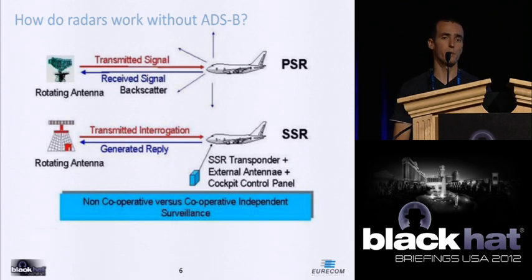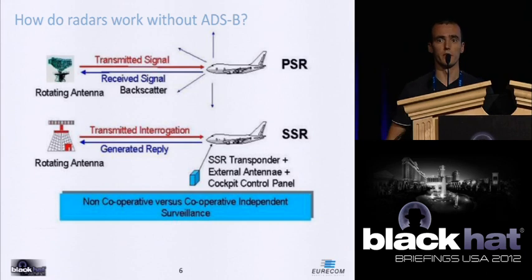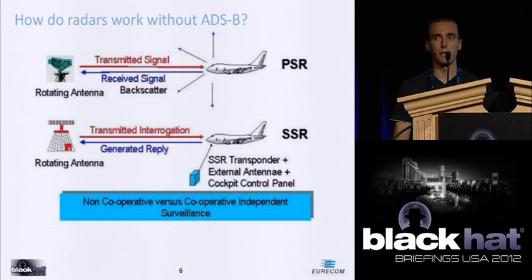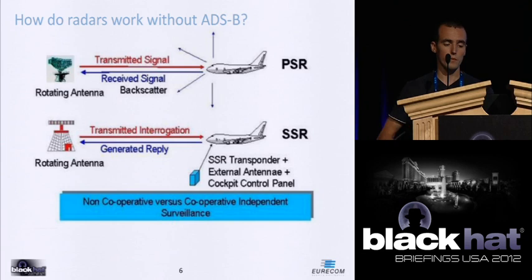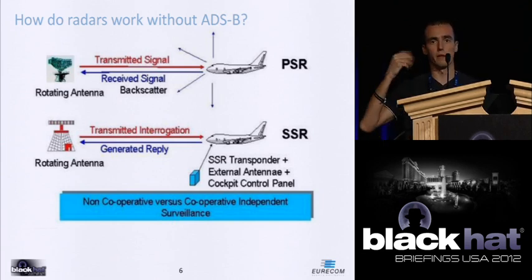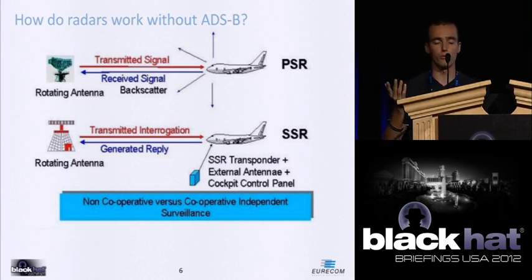The airplanes have devices called SSR transponders, and they reply with the specific code of the airplane or of the transponder. So the first one is non-cooperative, meaning that the aircraft doesn't have to cooperate to scatter back the electromagnetic wave, whilst in the second phase, SSR is interactive or solicitation-based.